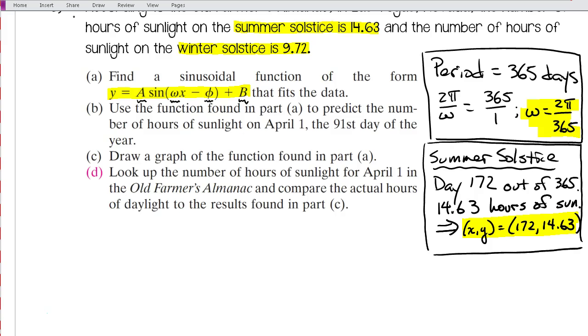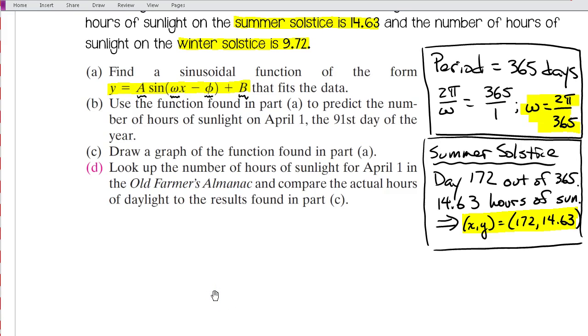Okay, now we've got our maximum of 14.63 hours of sunlight and our minimum of 9.72, so we can see that there's been a shift. If there was no vertical shift, then these two values would be symmetric about the x-axis.